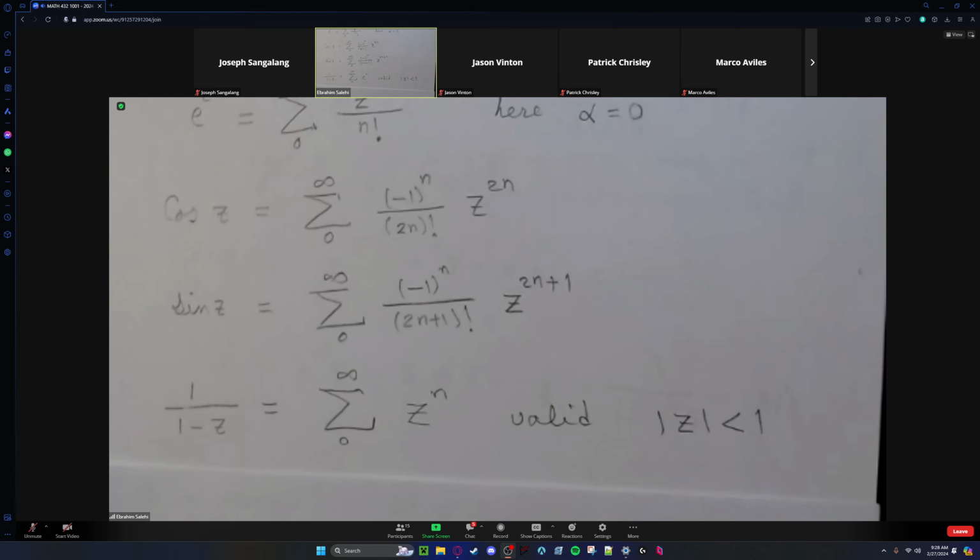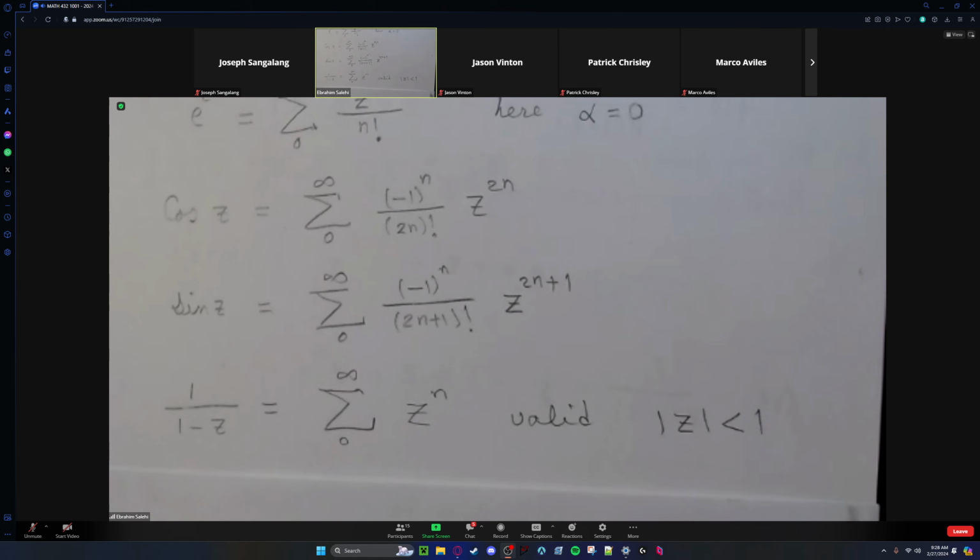The generalized ratio test says if L is less than 1, it converges absolutely. But if L is bigger than 1, it diverges. And in this case, if you go through the generalized ratio test that we did, the limit L is this, the modulus of z.